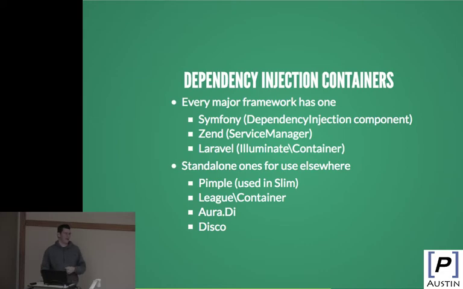For example, League Container or PHP-DI or Pimple. And of course, Pimple is actually the container that Slim Framework ships with, but it's very much its own thing. So we'll take a look at Pimple and we'll look at League Container.